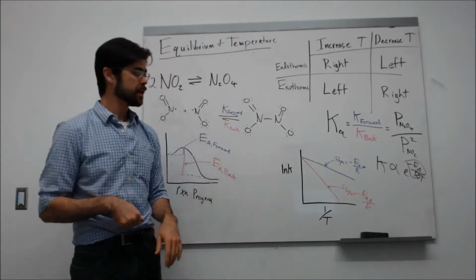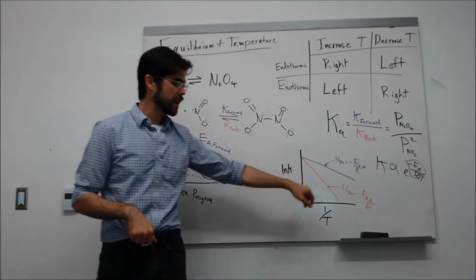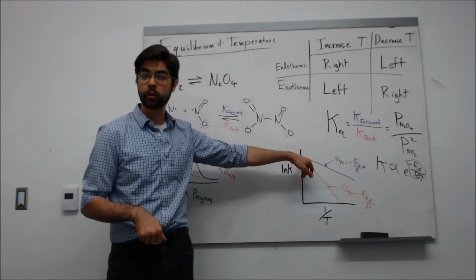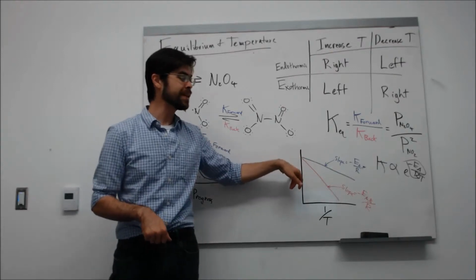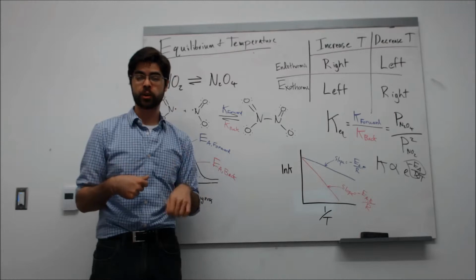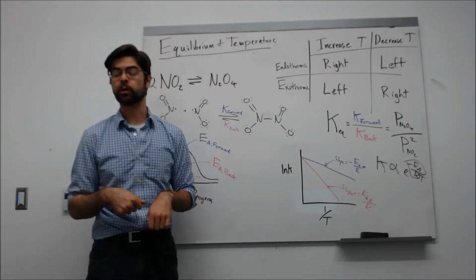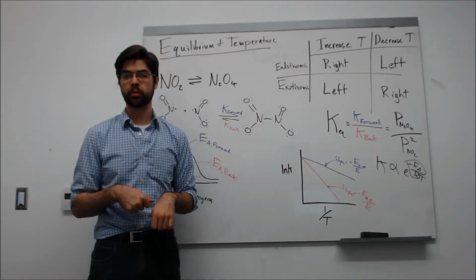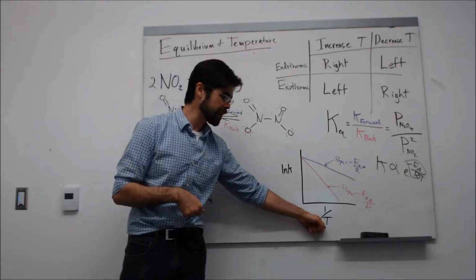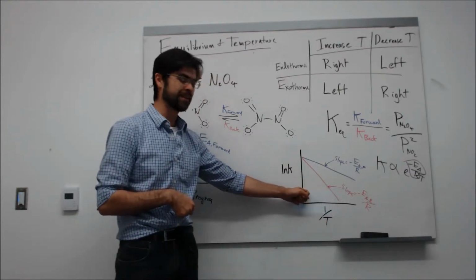In this case, because the backwards reaction has a much higher activation energy, it has a steeper slope. And so its rate constant speeds up more as you increase the temperature. Or conversely, it slows down more when you lower the temperature. So if I make the temperature higher, that's actually going further to the left on this scale.